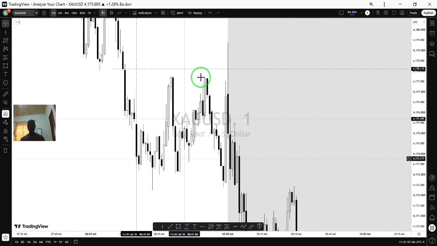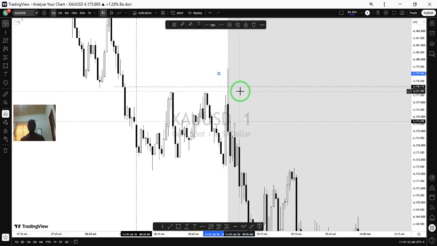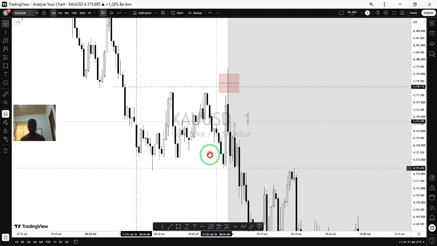Price created a lot of accumulation around this range, and price tapped into the POI. You can see price wicked the POI. That is what we want to see. We want to make sure we have a weak range there. We don't want to see a candle closing at that level. You see how the market wicked that POI. That's what we want to see.